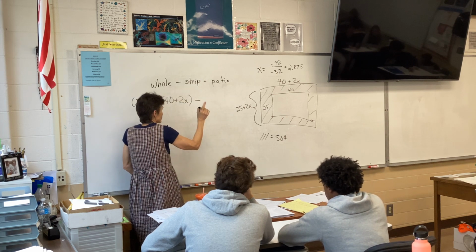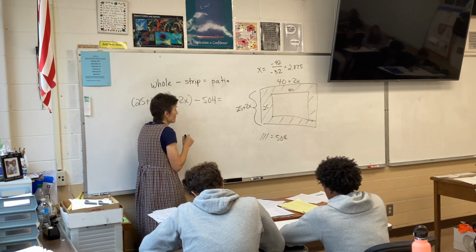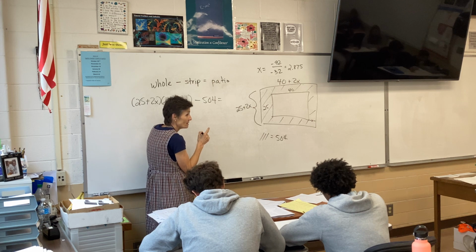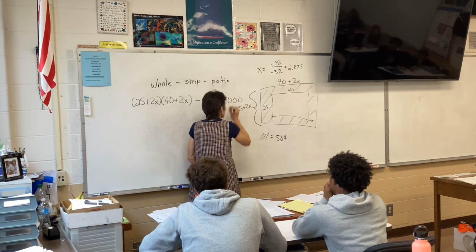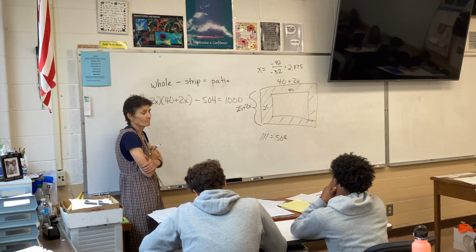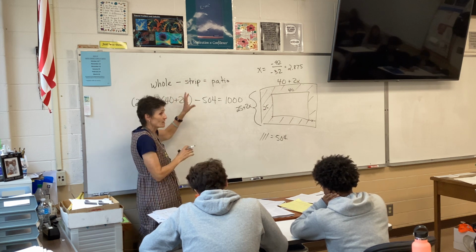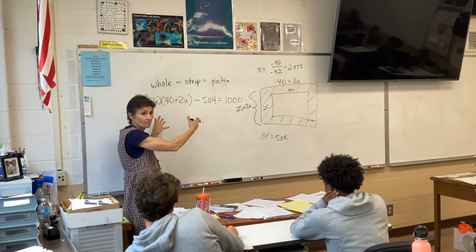We know the strip is 504, and we know the patio is 25 by 40, so what is that? Is that 1,000? Yeah. So you could set up this equation different ways, but she's got it, that's right, that'll work, right?